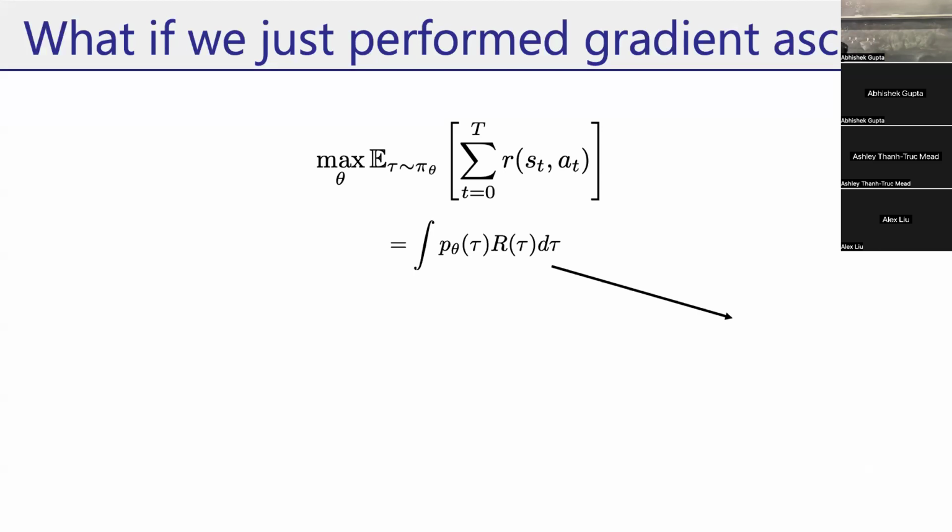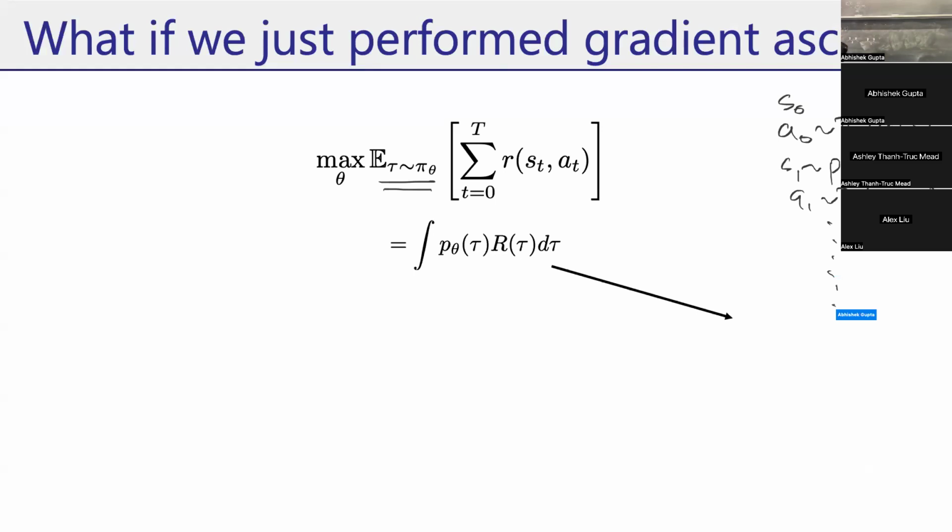So we said here that if we sample the trajectory from the policy, you start from S naught, we sample A naught from pi theta of A naught given S naught. We sample S1 from the dynamics of the environment. And then we sample A1 from pi theta of A1 given S1. You repeat, right?